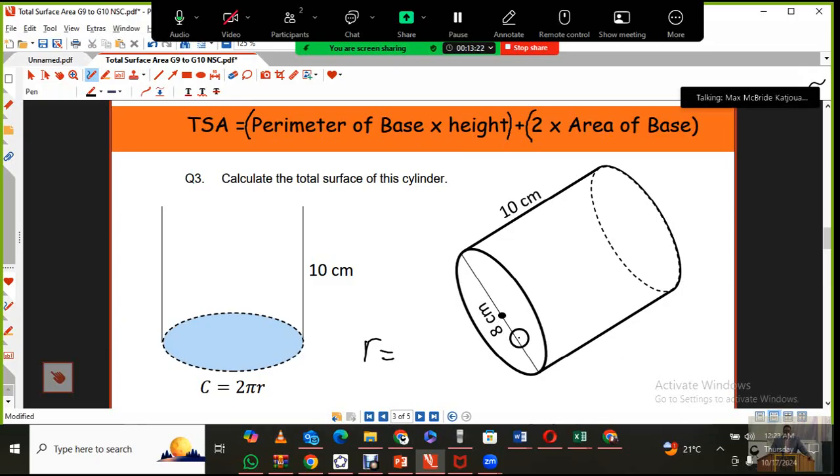So how will you find the radius from here? You're going to divide the diameter by 2. So the radius is 4. Here is 4 and there is 4. The whole thing gives you 8. Are we together?